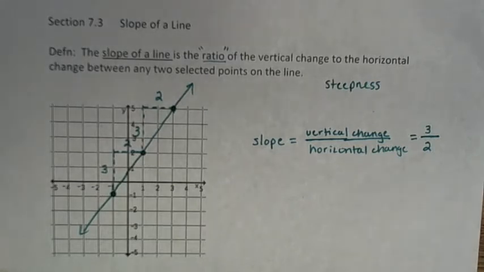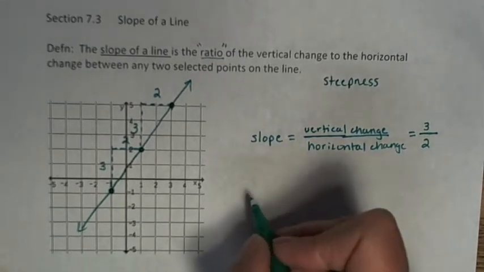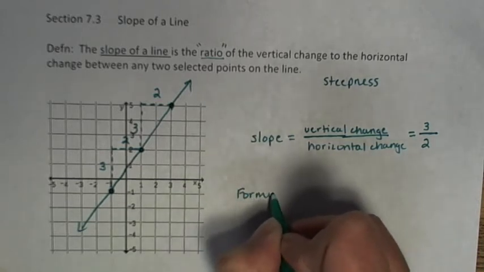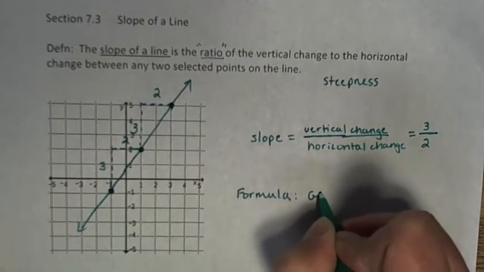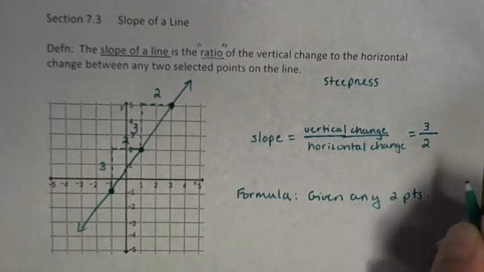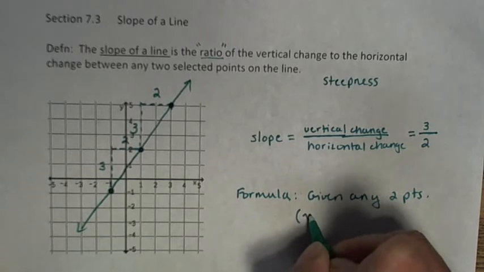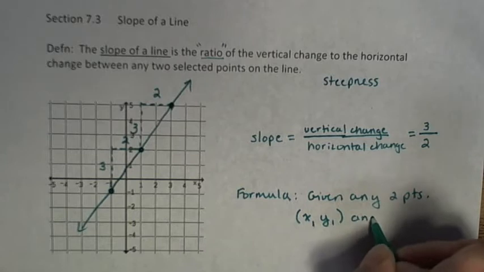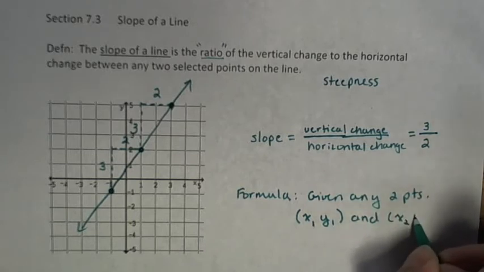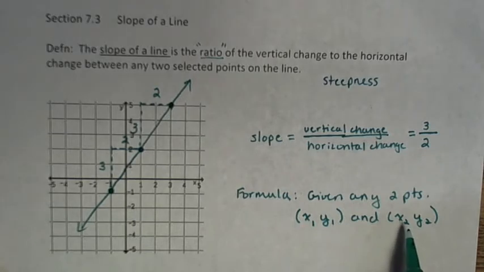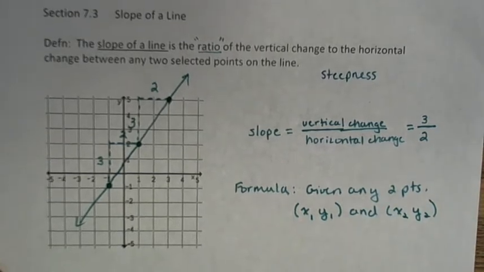So with this kind of situation, we actually have a little formula. And the formula basically tells us that given any 2 points, and we'll call those points (x sub 1, y sub 1) and (x sub 2, y sub 2), and the sub 1s and sub 2s simply mean that these ordered pairs are on the same line that we're looking at.